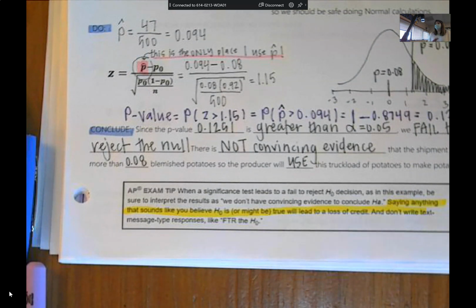We say that we fail to reject and say there's not convincing evidence. We don't say we fail to reject the null, the null is true, or we have evidence for the null. You don't want to say anything like that.